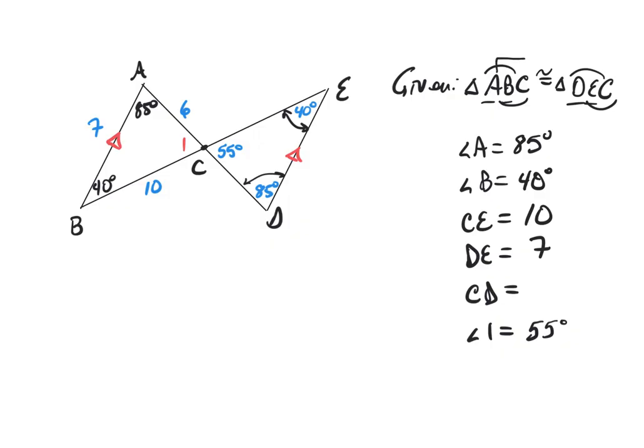Please notice A and C are the first and third letters. So the side with the first and third letters in the other triangle, DC, has to be exactly the same, 6 units long. Right, so you can find missing pieces if you know that the triangles are congruent. Okay?